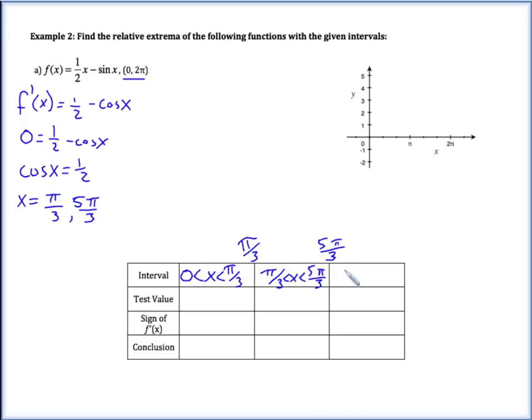And here our interval is 5 pi over 3 to 2 pi. Okay, so we need some test values between 0 and pi over 3. So we could try something like pi over 4.